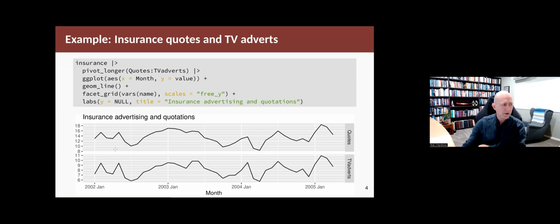We can see the data here over a few years, and you can see that the series tend to move together. The ups and downs tend to coincide, which suggests that advertising spend is having an effect on quotes in the current month. What we're interested in is also having an effect in subsequent months.